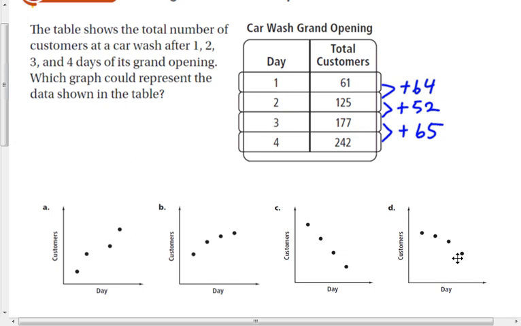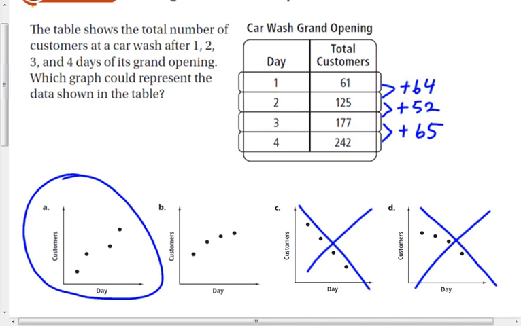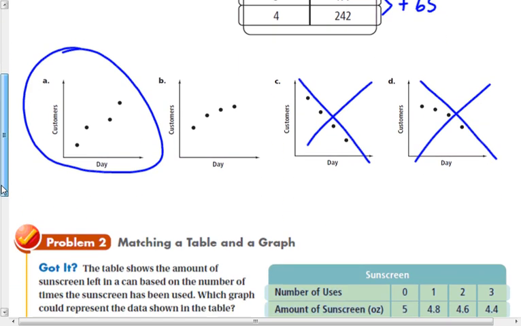And we can see that on days 1 and 3 it increases by more than on day 2. And since these two graphs are decreasing, I can eliminate those. The graph that shows it's increasing more between the first and second day and between the third and fourth day would be graph A. So I'm going to choose that one. All right, you try that.